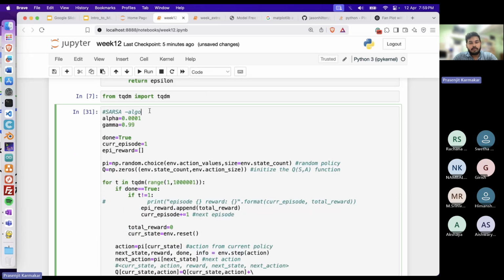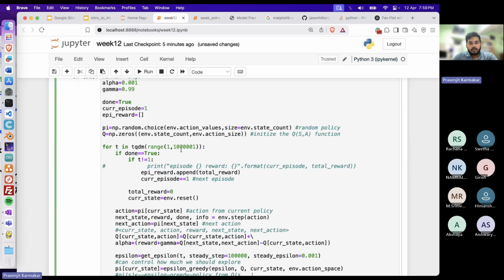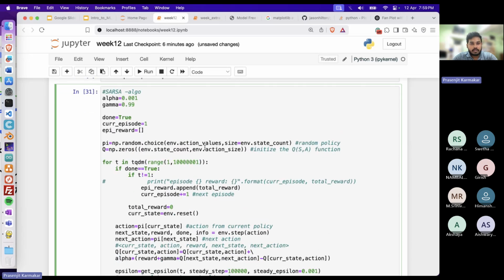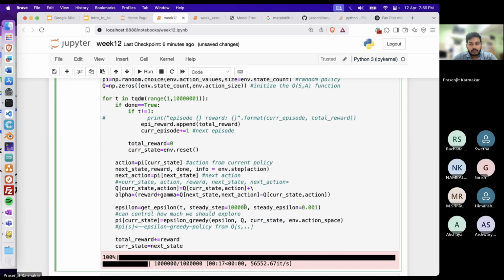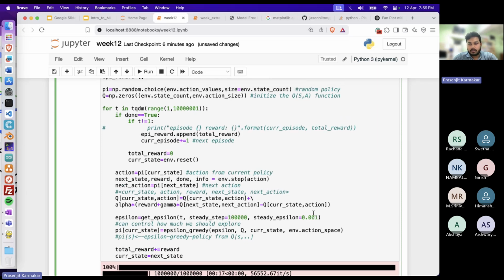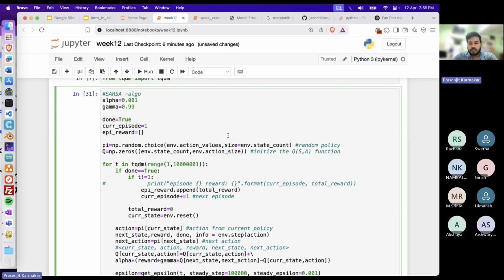So maybe you have to go for 1 crore interactions, and 1 lakh exploration. Okay, now let's go with this.